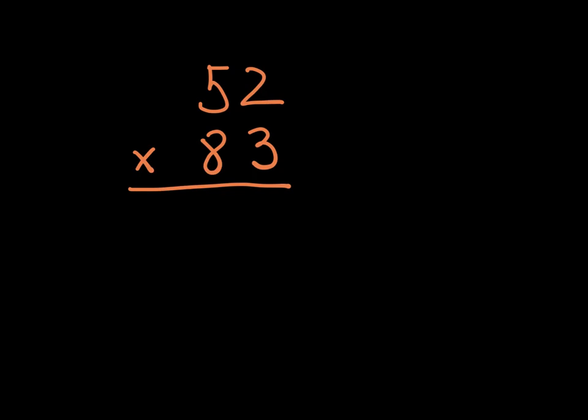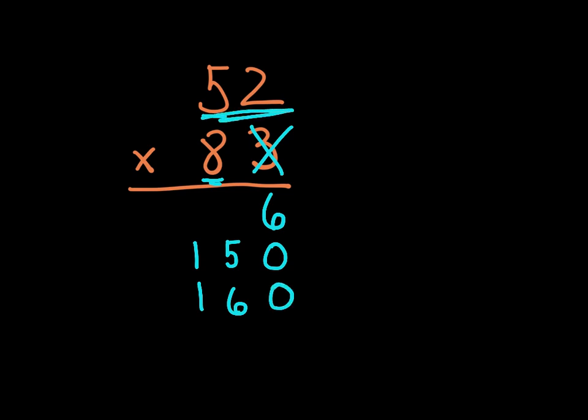52 times 83. We're going to multiply the ones. 2 times 3 is 6. We're going to go to that 50. That's 50 times 3 is 150, because 5 times 3 is 15, and you add your 0. We're done using the 1s, so now we're going to the 10s. That's an 80 now. So 80 times 2, 16, add on your 0, 160.